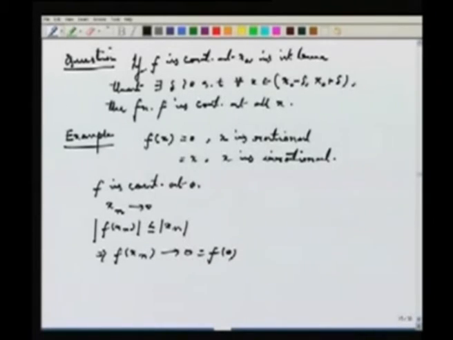That means f is continuous at 0 at least. But what happens to other points? Let us take a point x naught which is not equal to 0. And then I take a sequence of rationals Rn converging to x naught, where Rn is rational, and I take a sequence In of irrationals which converge to x naught.